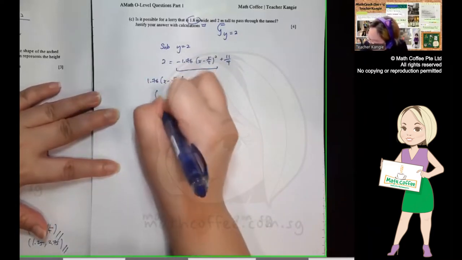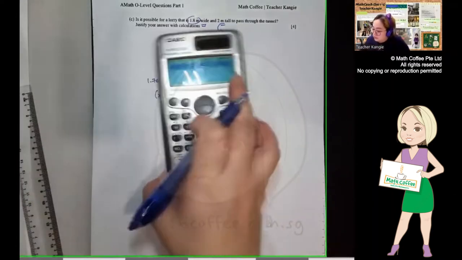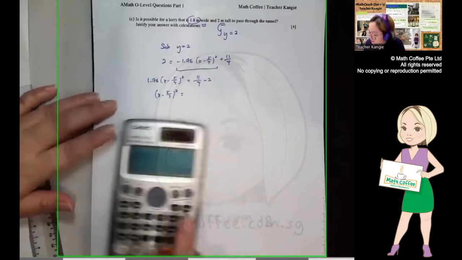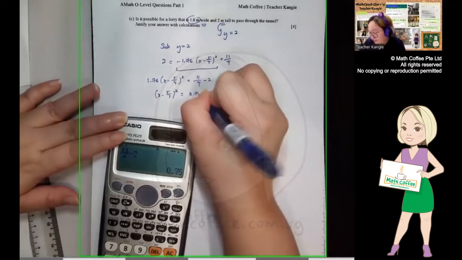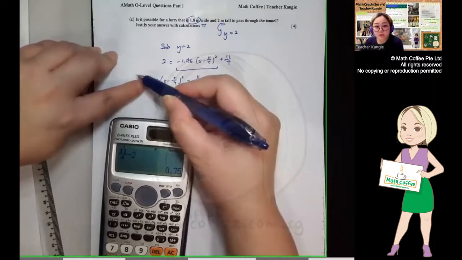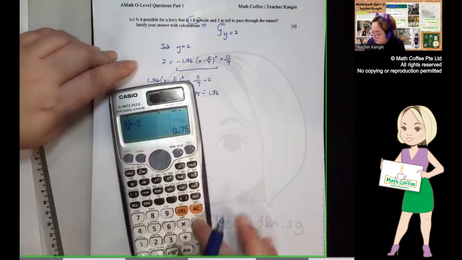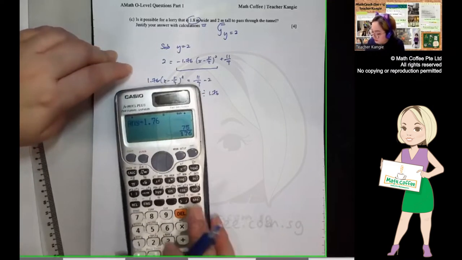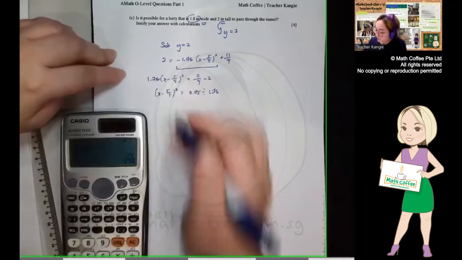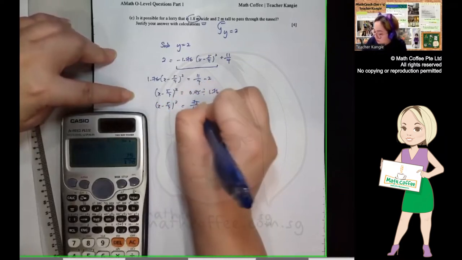So (x minus 5 over 4) squared equals 11 over 4 minus 2, which gives us 0.75. Here it is multiplied by 1.76, correct? So I'm going to bring the 1.76 over, so it becomes divided by 1.76. It's a funny decimal, so we just put it in fraction form first. So (x minus 5 over 4) squared equals 75 over 176.